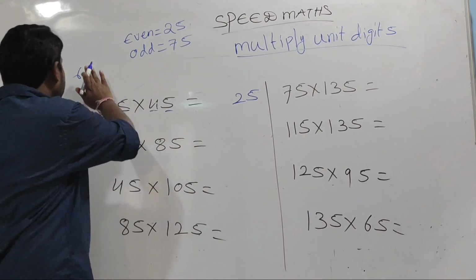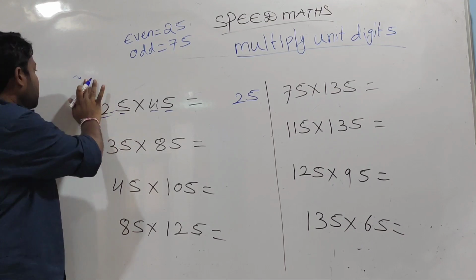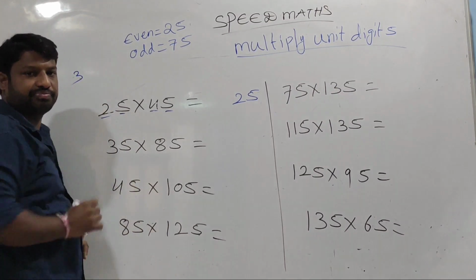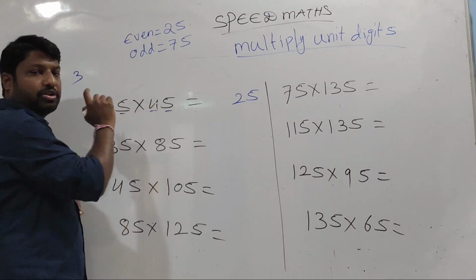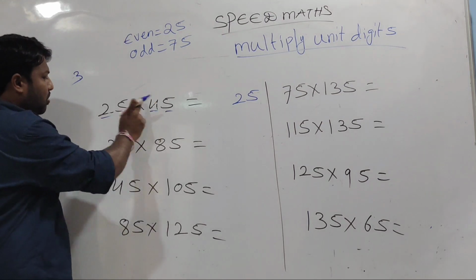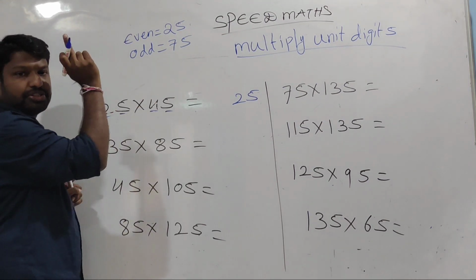Next, 4 plus 2 is 6. Now take half of that number; half of 6 is 3. I have written 3 here. Now 4 twos are 8, and 8 plus 3 is how much? 11.